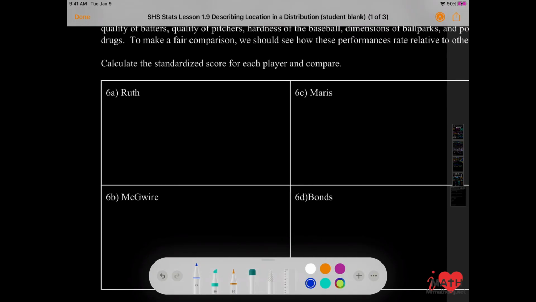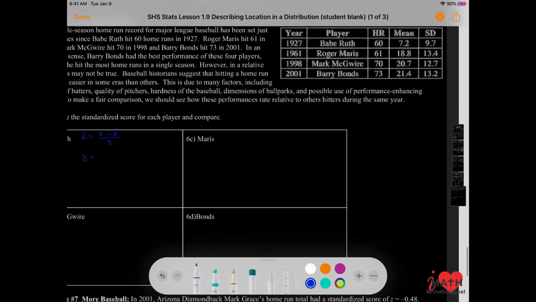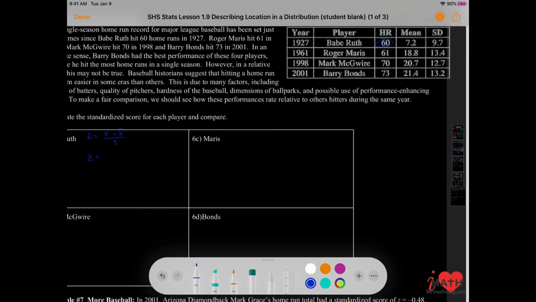So for Babe Ruth, again, z-score is equal to the data minus the average over the standard deviation. So if I look at what Babe Ruth hit, 60 home runs. And the average was 7.2. And the standard deviation was 9.7.